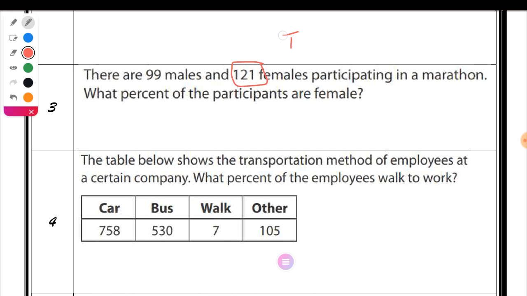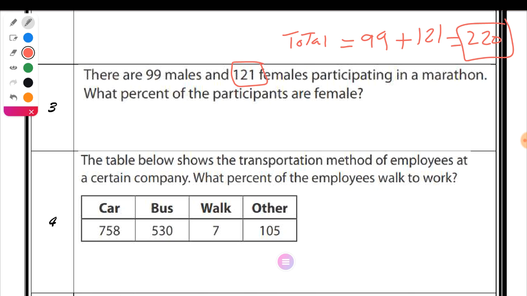So total equals 99 plus 121, which is equal to 220. So the total of all participating in the marathon, male and female, is 220.